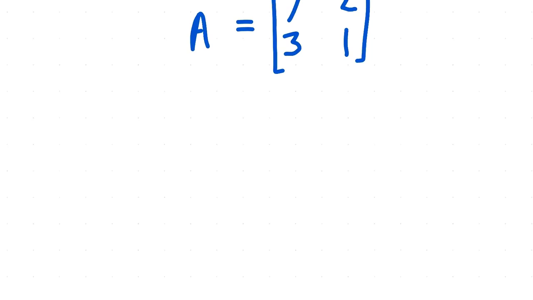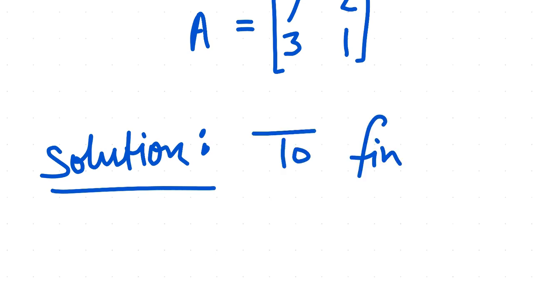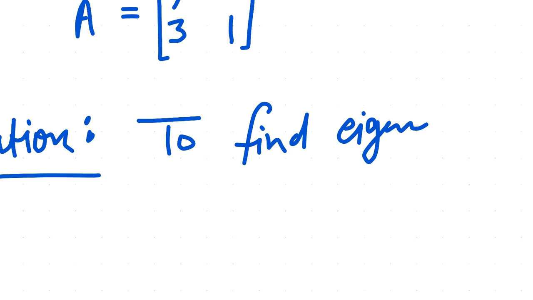Step 1 is to form the matrix A minus lambda into I. First of all, we will find eigenvalues, then we will find eigenvectors for those eigenvalues.